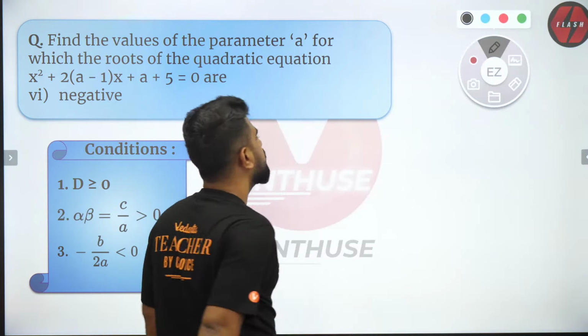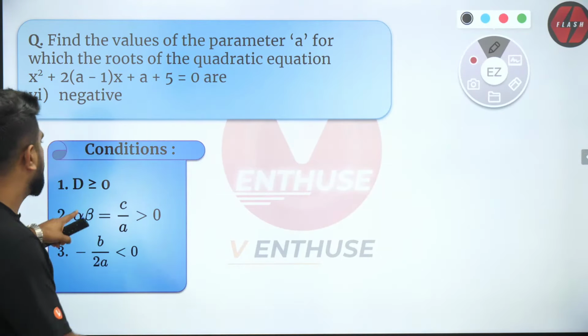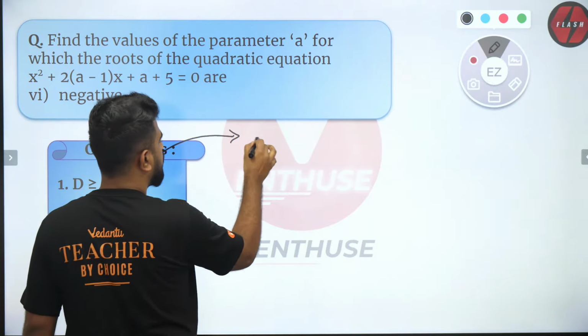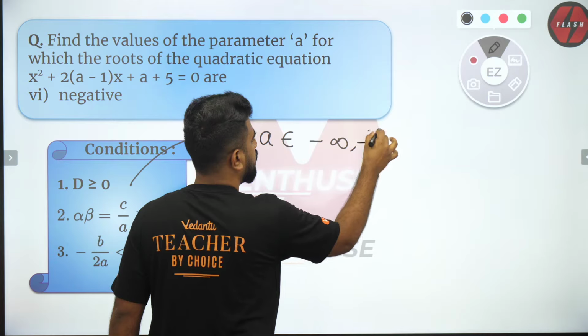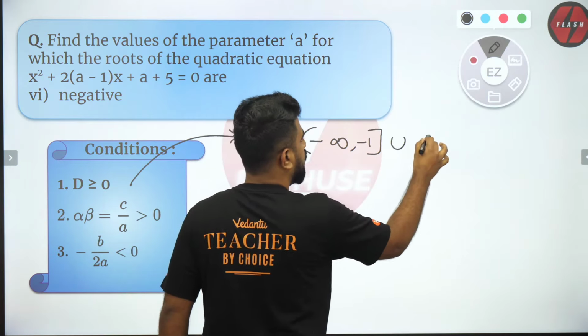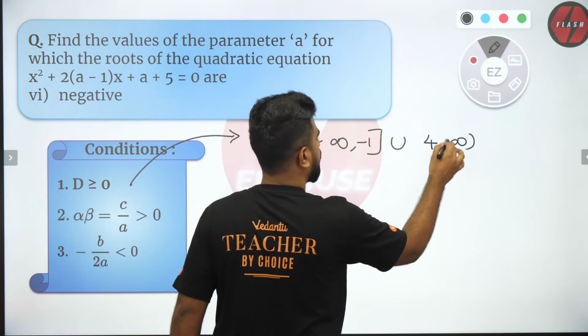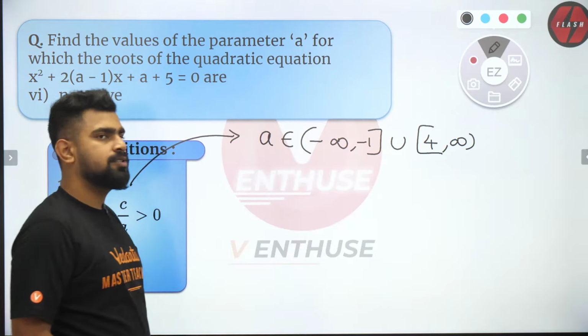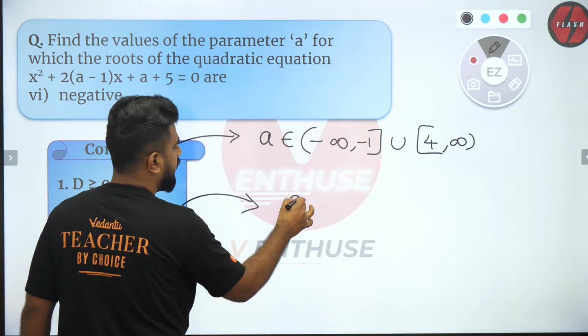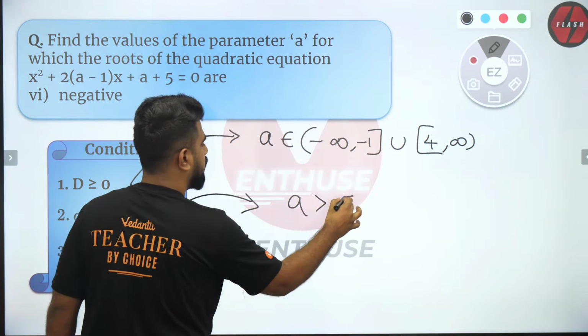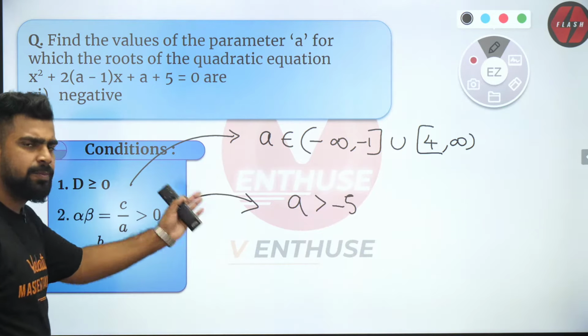So how do we solve this question? Can you guys help me here? This is again very simple. We know already, a belongs to (minus infinity, minus 1] union [4, infinity). That is the first one. The second one also is the same. Just now we did a is greater than minus 5, in the previous question.